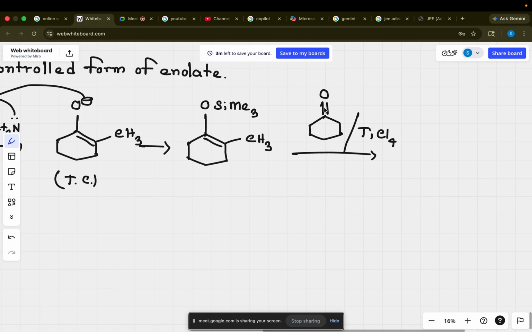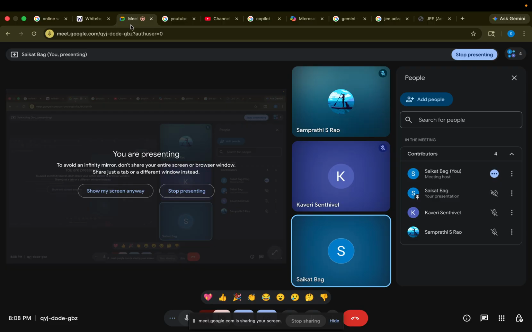So do it. Tell me what can happen. Do it. And this SiMe3 is basically known as your silyl enol ether. This particular intermediate is basically your silyl enol ether. Okay, so now this silyl enol ether is reacting with this thing. Do it. Try to do it.